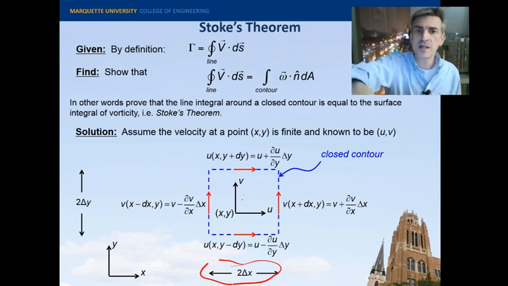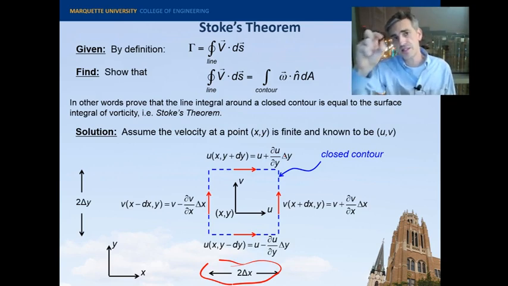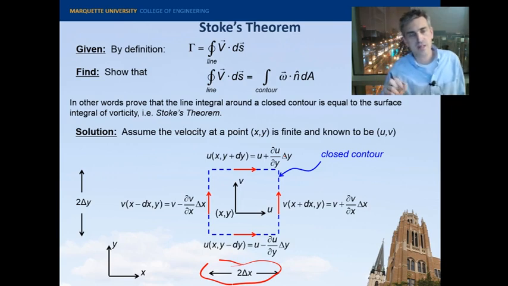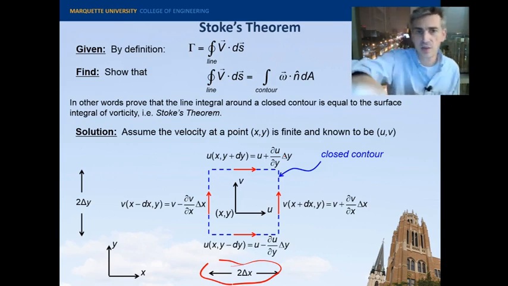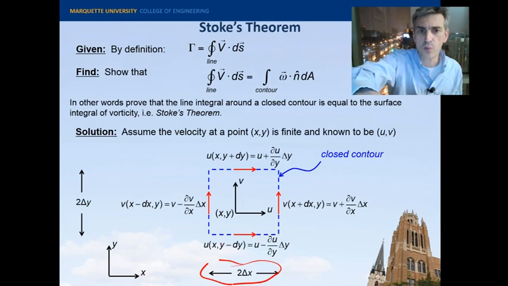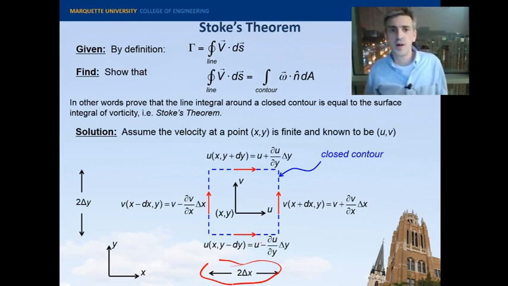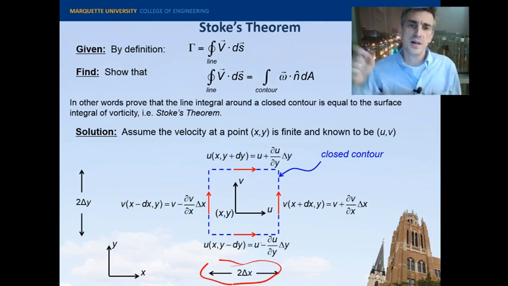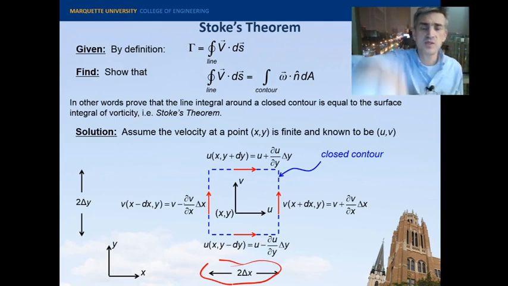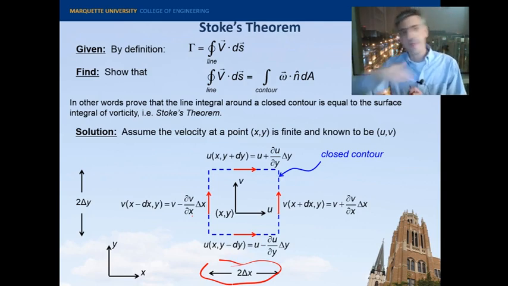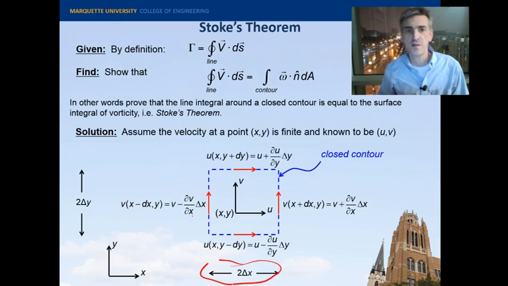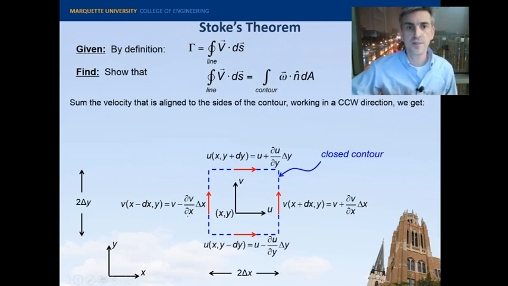And so it's u plus some linear approximation, partial u, partial y, times the distance dy, and that would be a first order Taylor series expansion. And likewise, I've done it around the contour. When we come down, we're looking for the Taylor series expansion at y minus dy, so that's u minus partial u, partial y times dy. So these are basically a representation of the velocity expanded to the surface of our contour.